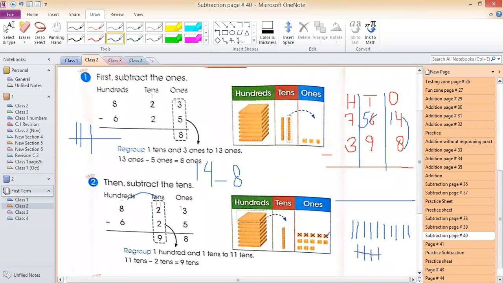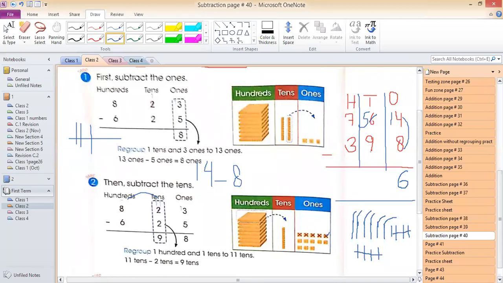How many lines are left? 1, 2, 3, 4, 5 and 6. So 14 minus 8 is equal to 6. Now this is not 6 tens. This is now 5 tens because it has given 1 ten to the ones.